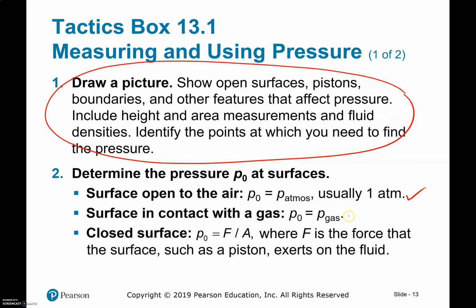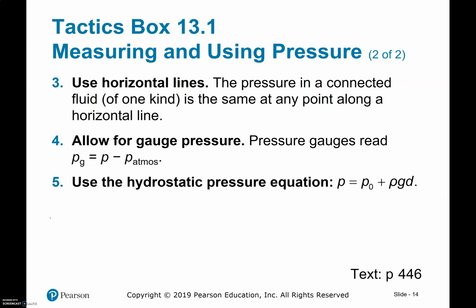Then find all these horizontal lines. If the surface is in contact with a gas, then they'll be at the same pressure. And then a closed surface would have a force divided by the area. Horizontal lines, this is where I was going: you can write those horizontal lines, and the pressure here is the same as here.